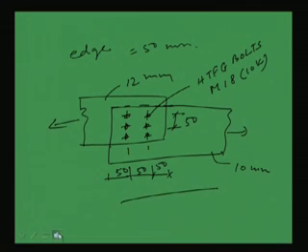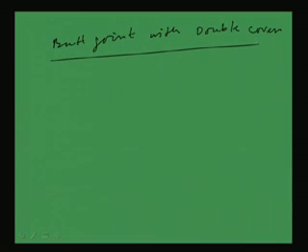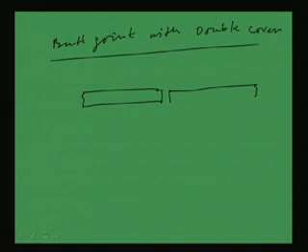Now let us design the same plate considering a butt joint with double cover. Now in case of butt joint, what will happen? It will look like this. Let us assume the plate thickness of the two plates is the same.